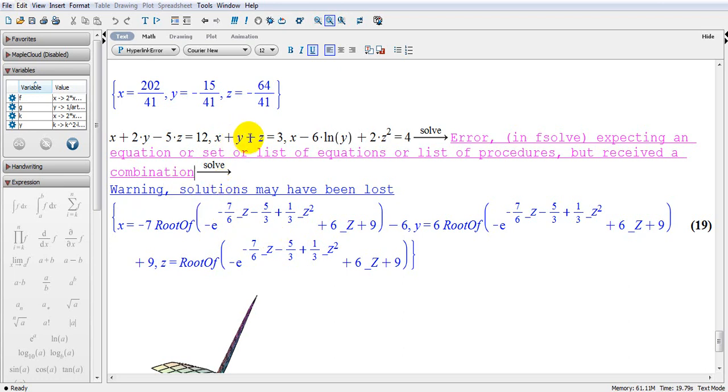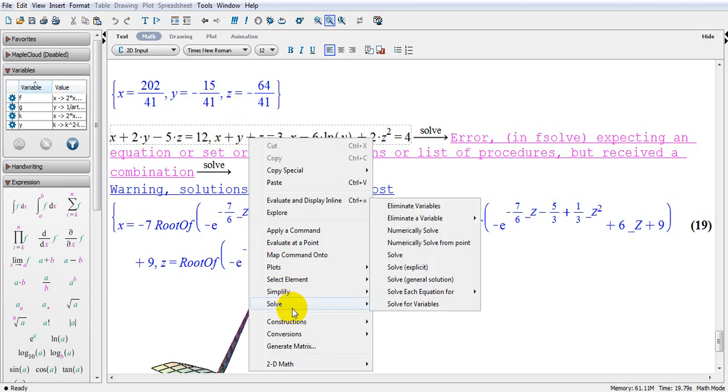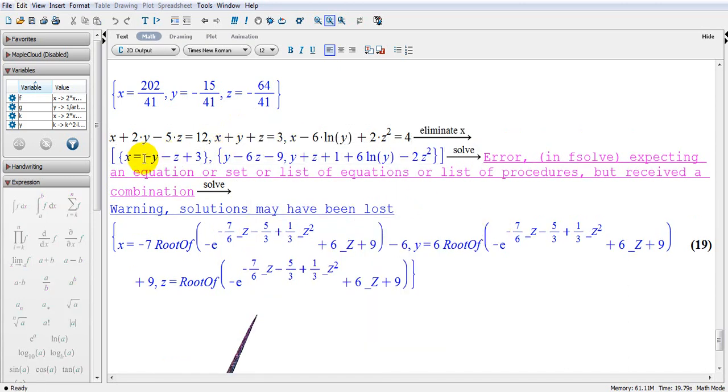Now, one thing also is interesting here. At this point, I can simply solve this, and in this case I can eliminate a variable. I can eliminate x, and here is what I get. It means from one equation I have x, and from the other two equations I remove x.